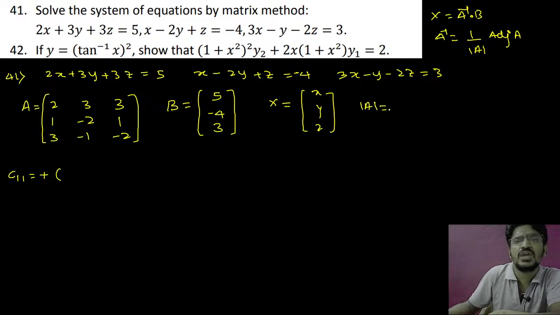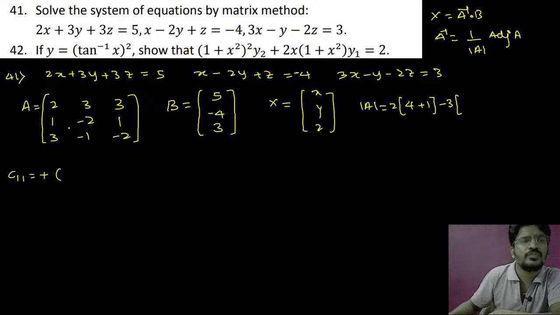So determinant of A will be equal to 2 times of, this is plus 4, minus 1 into plus 1 is minus 1, here it will be plus 1, minus 3 times of 1 into minus 2 is minus 2, write minus sign, 3 into 1 is 3.